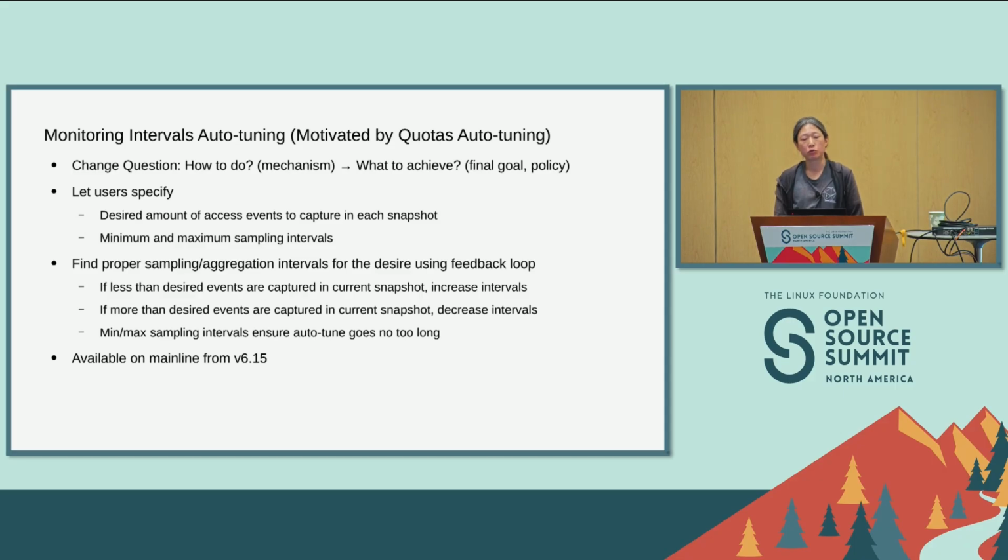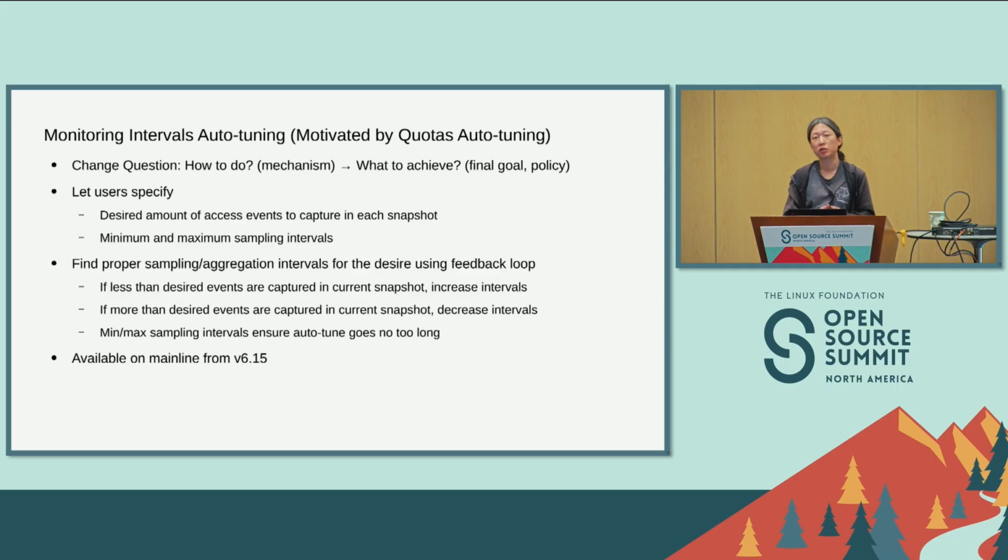Therefore, we let users specify the desired amount of access events to capture in each snapshot, and minimum and maximum sampling intervals, very similar to DAMON's quotas, right? Then DAMON can find proper sampling and aggregation intervals for the desired amount of access events in each snapshot using a feedback loop again.